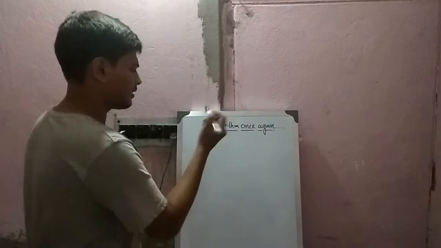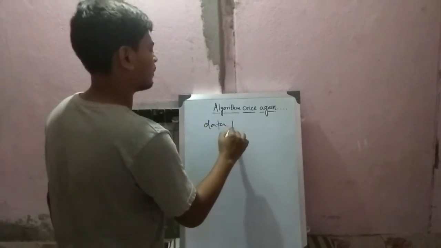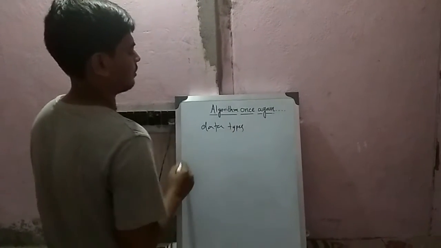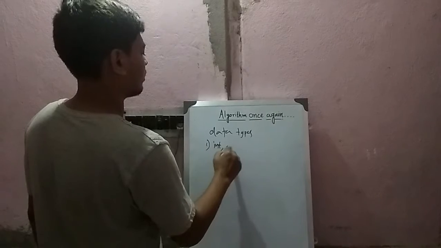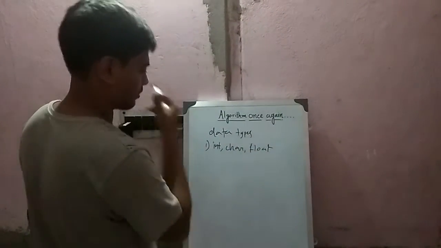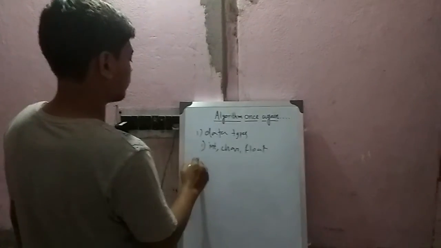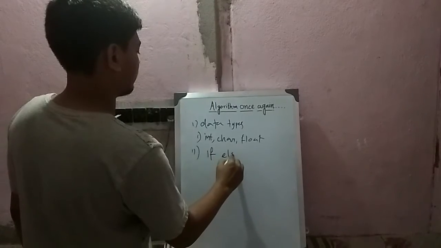Let's see data types. So name a few: int, char, float.